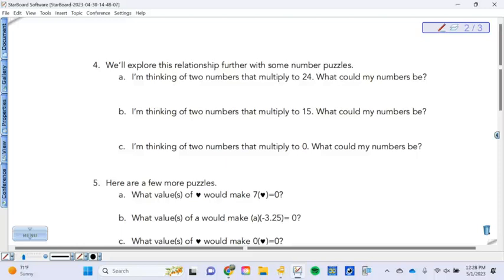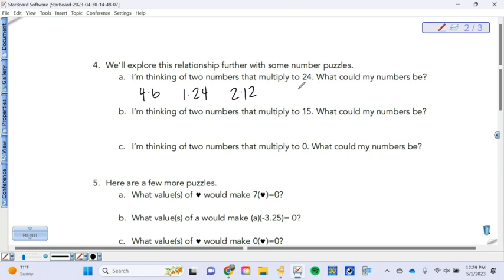With these, we've kind of already done a lot of things like this, but we're going to take it one step further today. So thinking of two numbers that multiply together to 24, what could they be? 4 times 6, what else? 1 times 24, what else? And last one?